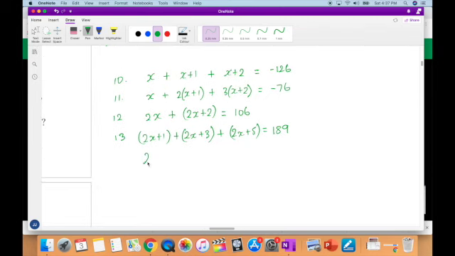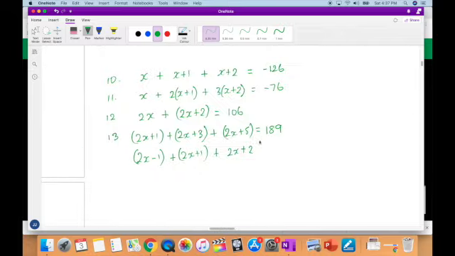And then the next one is 2x minus 1 plus 2x plus 1 plus 2x plus 3.